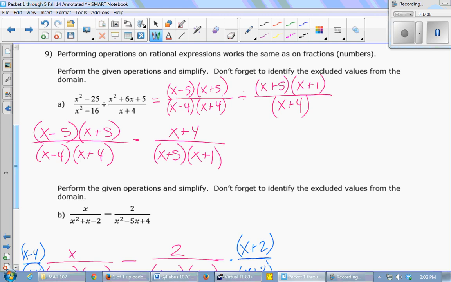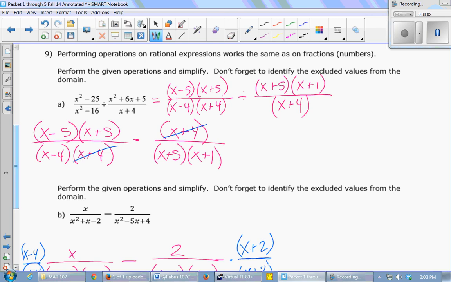Now I can cancel any foo-foos. Any factor that appears both in the numerator and in the denominator can cancel. So what factors can I cross out here? x plus 4. I have one in the numerator, one in the denominator. And all of those bubbles are separated by multiplication, so I can cancel as much as I want.